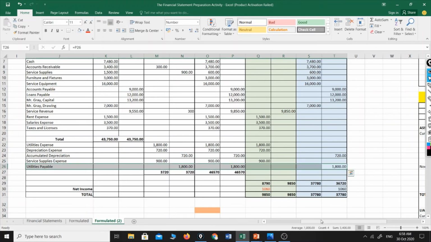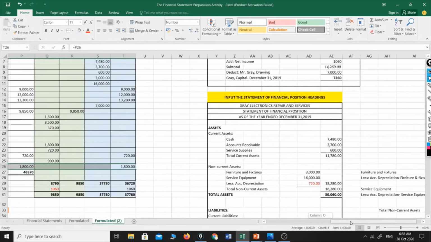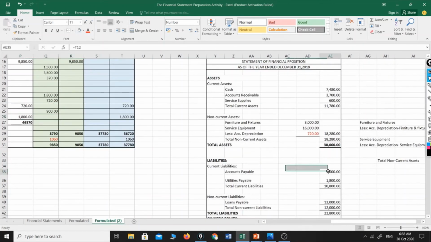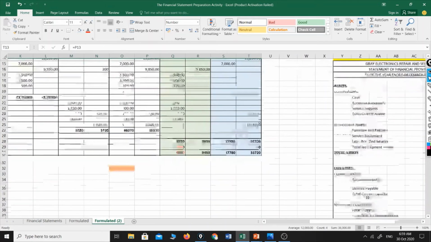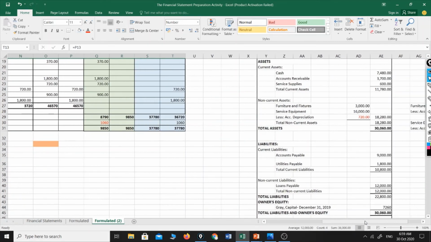It should be reflected in our liability section. For total current liability, we just add these two, and we have 10,800. Next is the non-current liability, where we have the loans payable. Generally, loans payable is classified as non-current liability, 12,000.